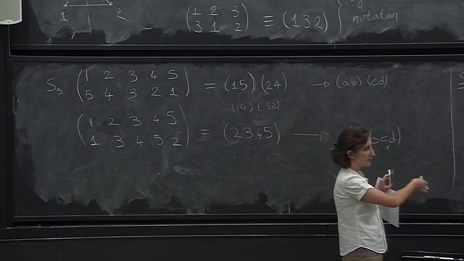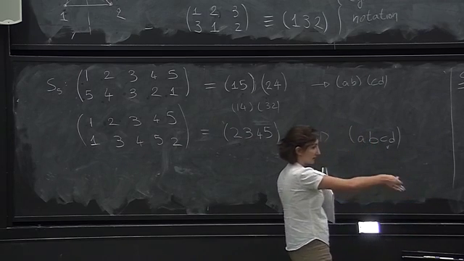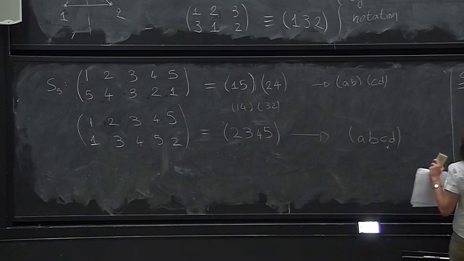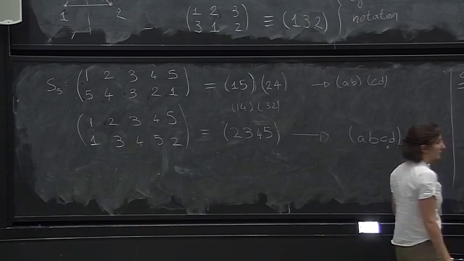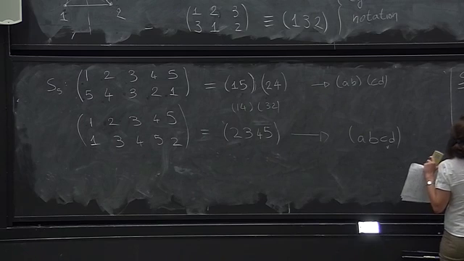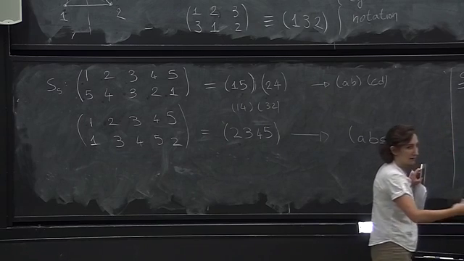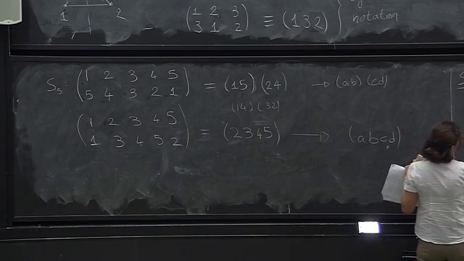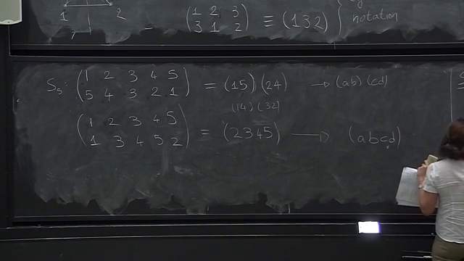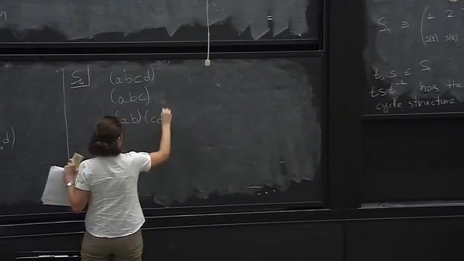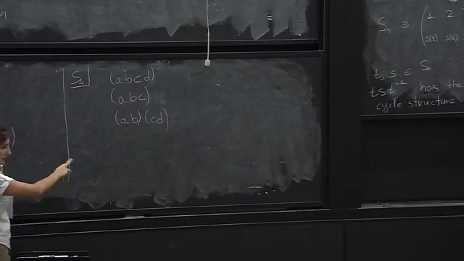For example, what are the different kinds of cyclic structures we can have for S4? We have 4 elements, so we can either have all the elements in one cycle, or we can have 3 elements in a cycle and the 4th element remaining invariant. Or we can have 2 cycles of 2 elements each.